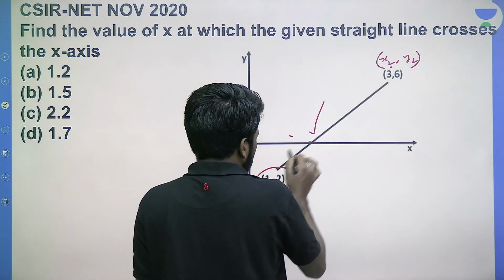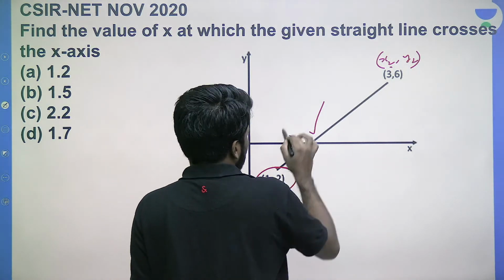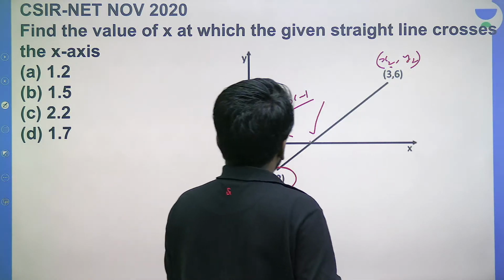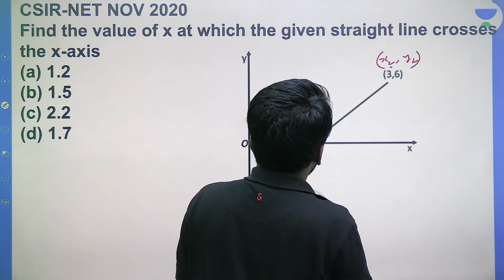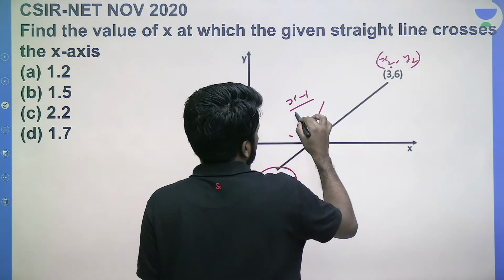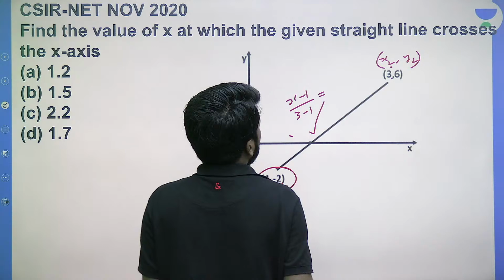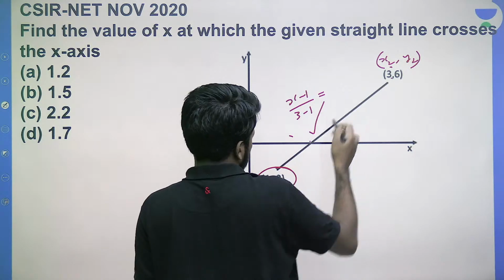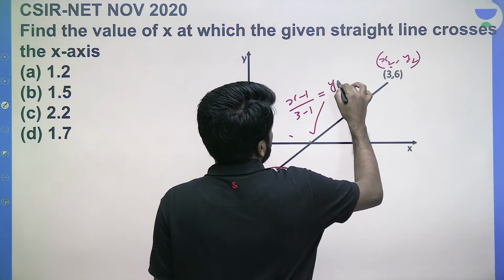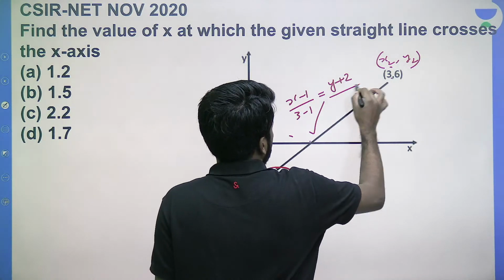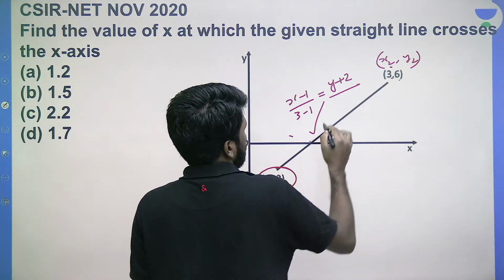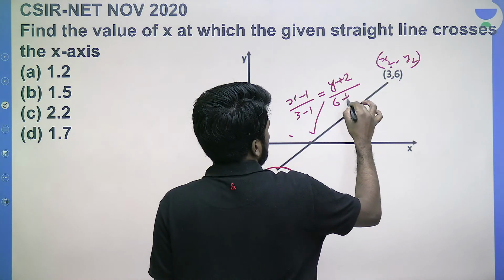So x minus x1 means x minus 1, by x2 minus x1, which is 3 minus 1, equal to y minus y1, which is y minus minus 2, that is y plus 2, divided by y2 minus y1, that is 6 minus minus 2, or 6 plus 2.